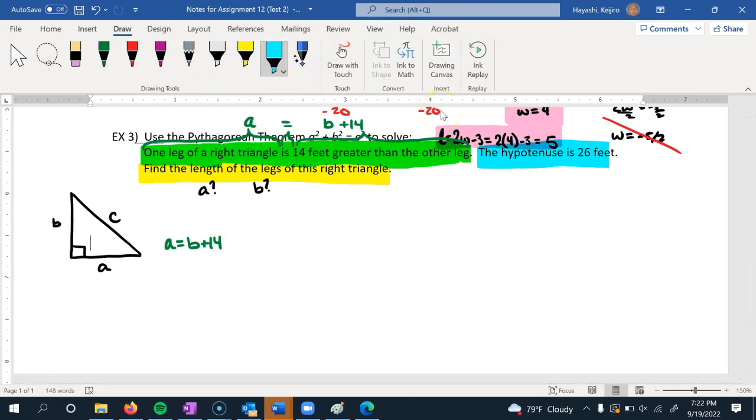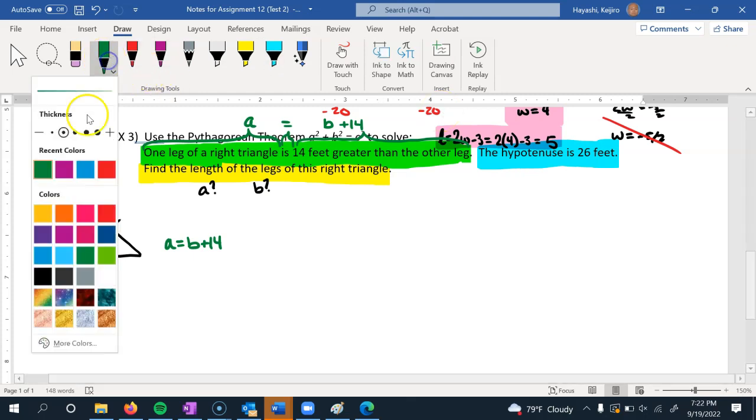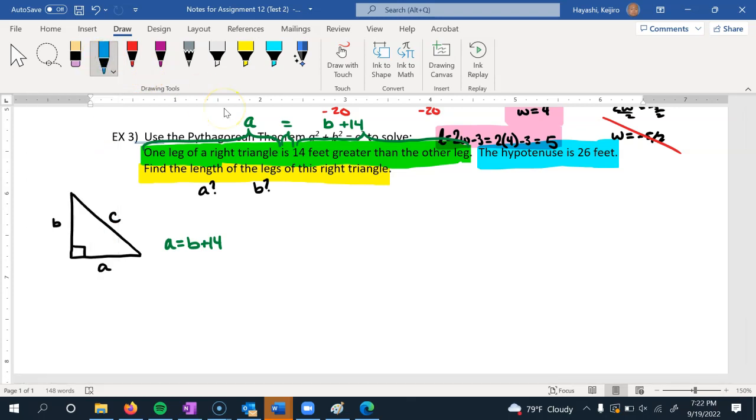The hypotenuse is 26 feet. What letter represents the hypotenuse, the long side? C. So C equals 26 is all that's saying.